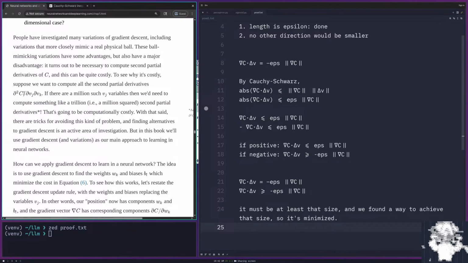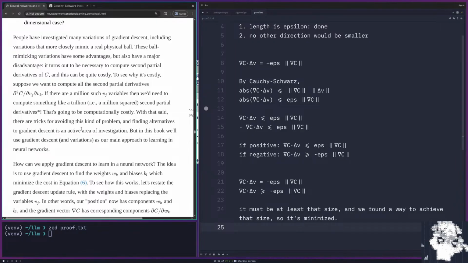Second derivative of c with respect to Vj and Vk. Yeah, I don't know how else to say that. If there are a million such Vj variables, then we'd need to compute something like a trillion, i.e. a million squared, second partial derivatives. That's going to be computationally costly.